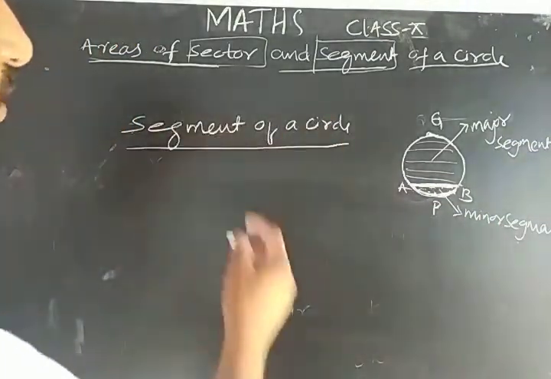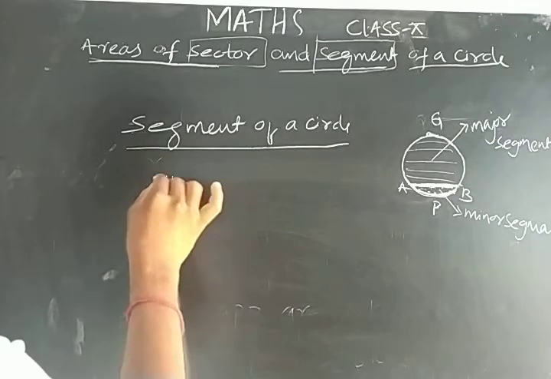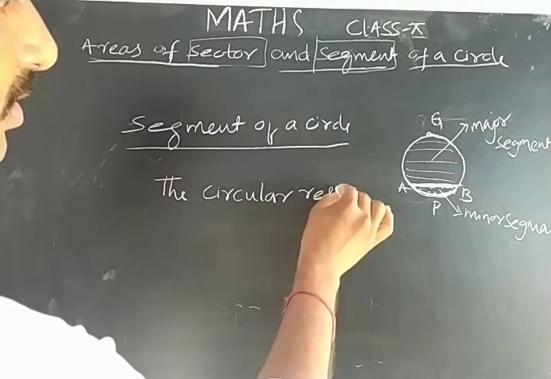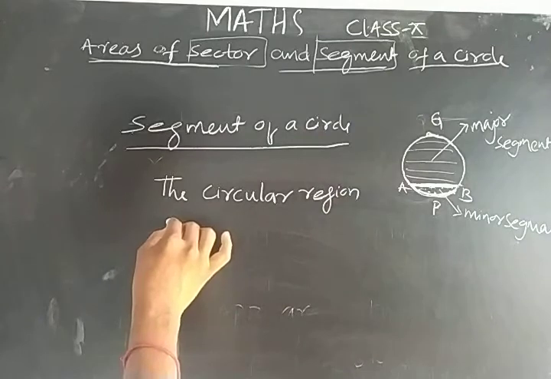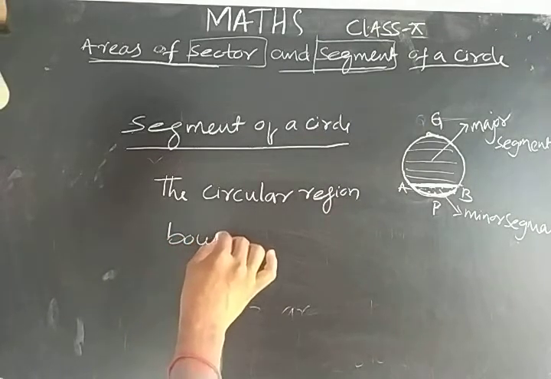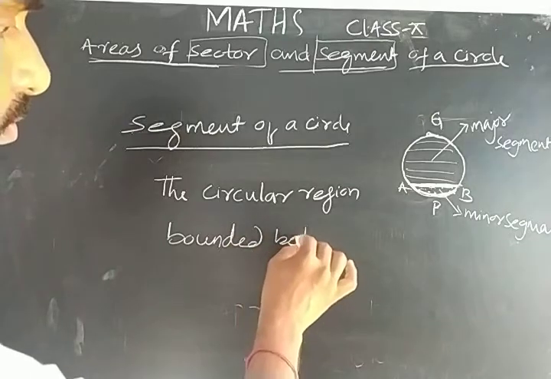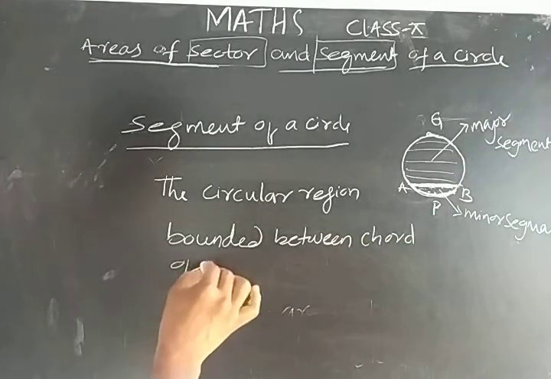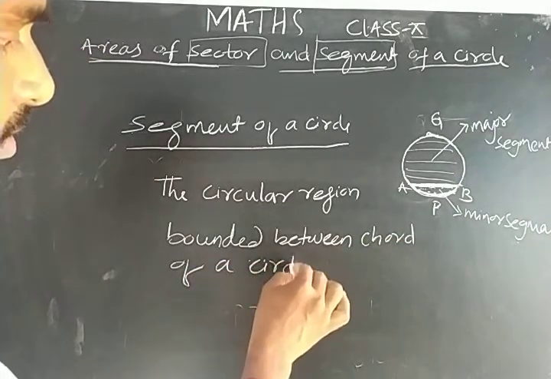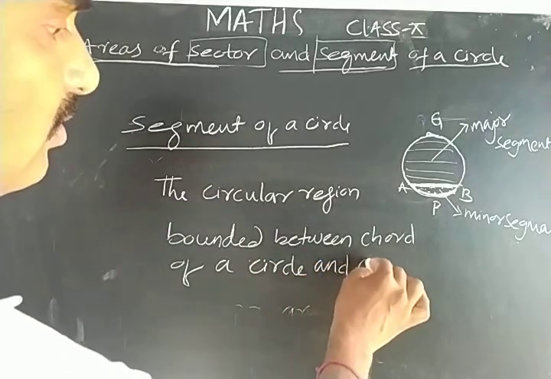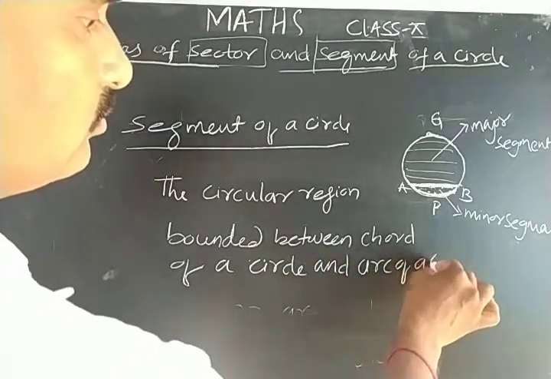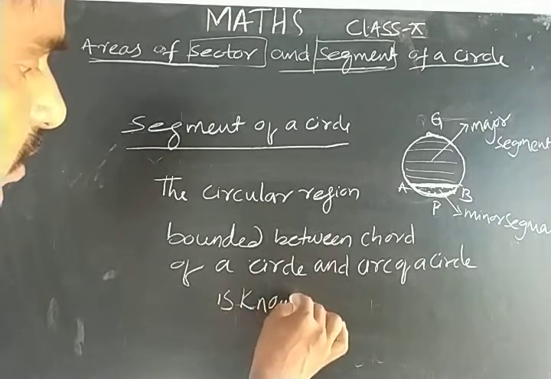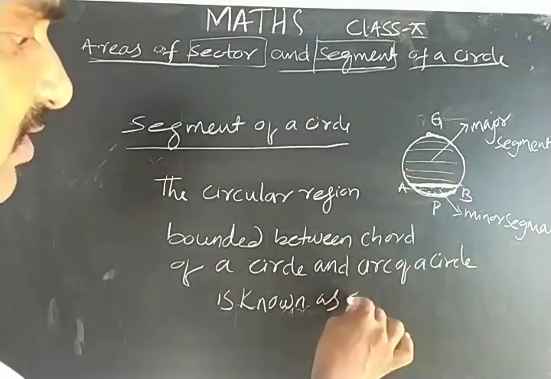Now, how to define the segment? The circular region bounded between chord of a circle and arc of a circle is known as segment of a circle.